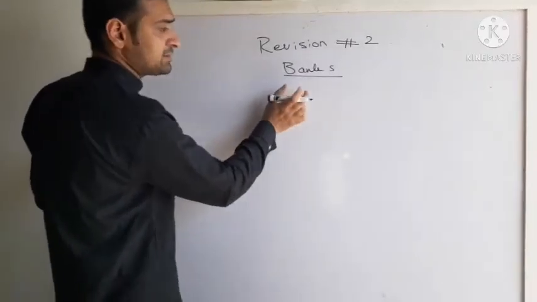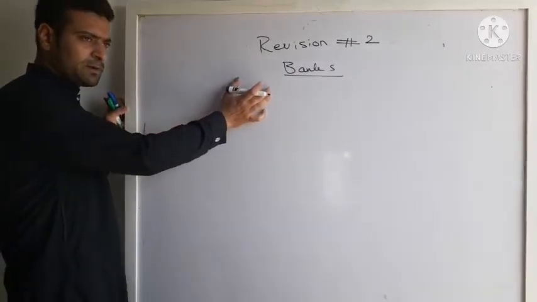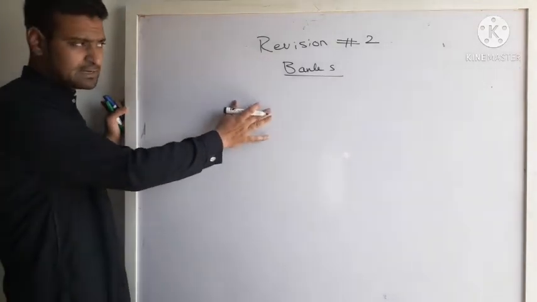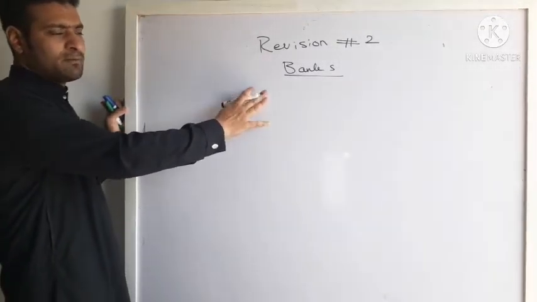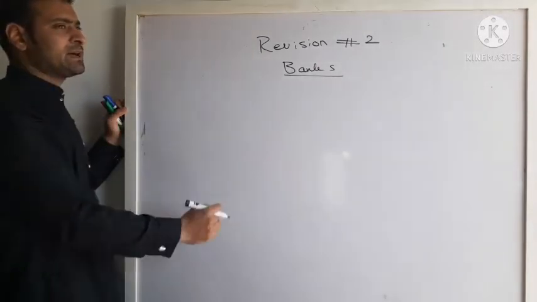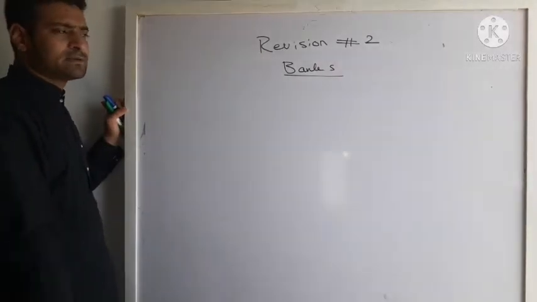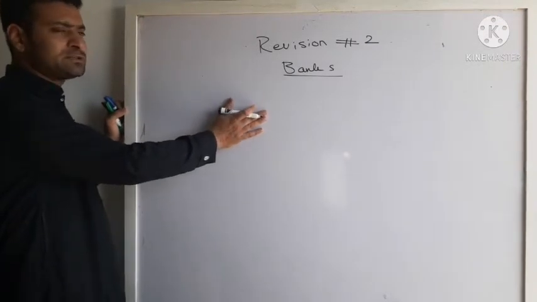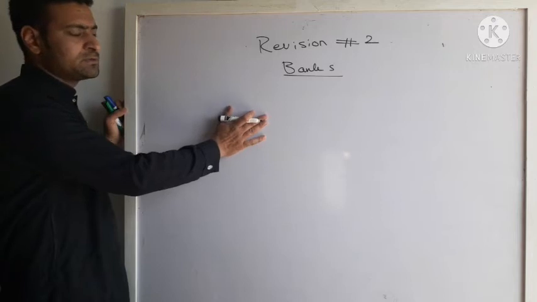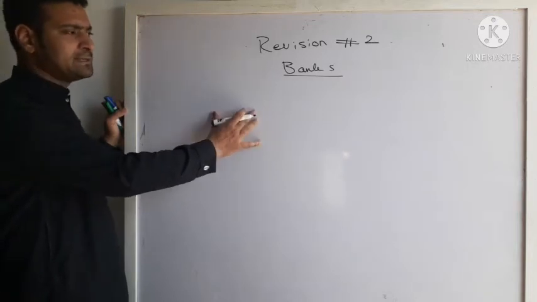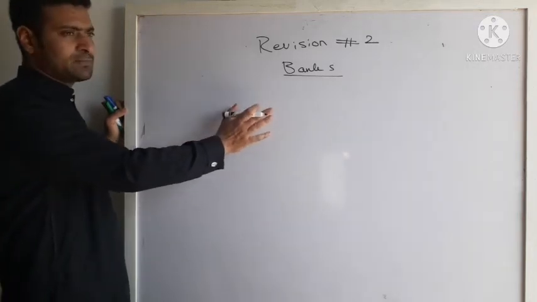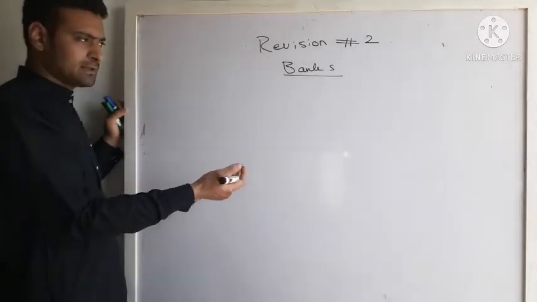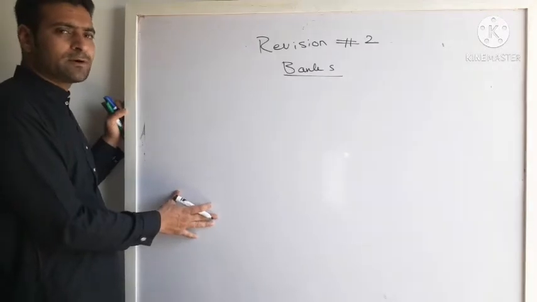We have done this chapter in very much detail in the face-to-face classes. Today I'm just going to give you a precise introduction, and then you have to read it from your books and solve the worksheet accordingly.